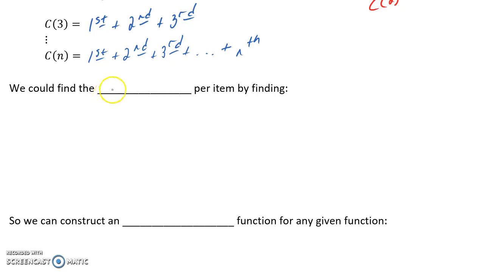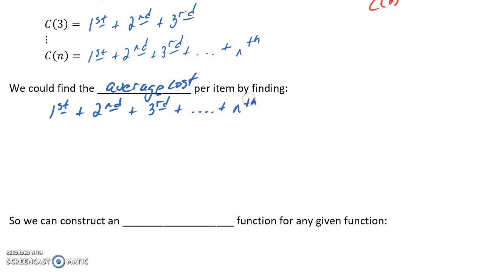So building off that idea, we could establish the average cost per item by finding the cost of item 1 plus the cost of item 2 plus the cost of item 3, and on and on, all the way up to the cost of that nth item.